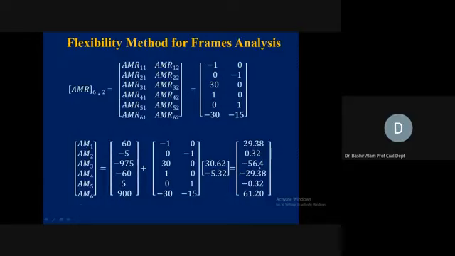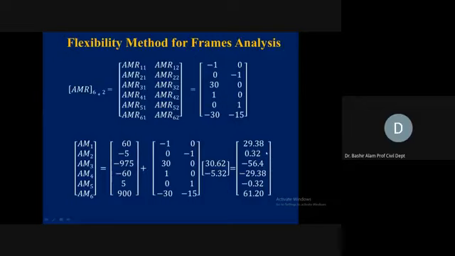So here the AM values are coming now. AM1 is 29.38. And remember, I told you from the simple equilibrium analysis that AM1, which was the vertical reaction at A, is 29.38. AM2, I already told you, will be 0.32 rightward directed.